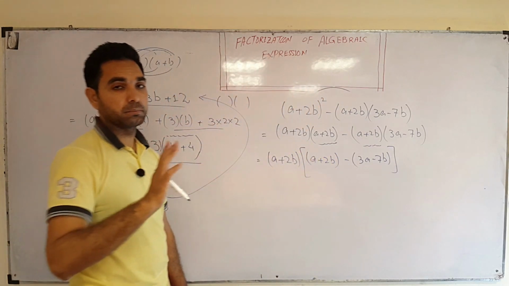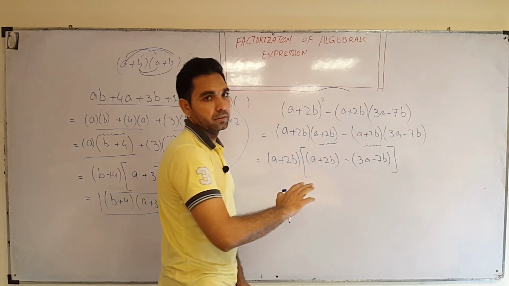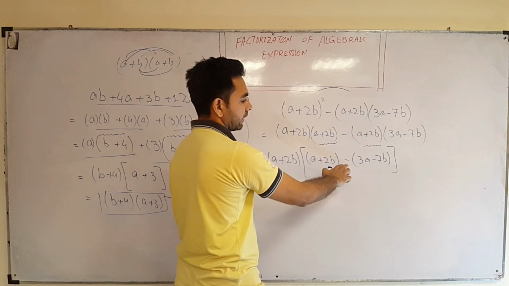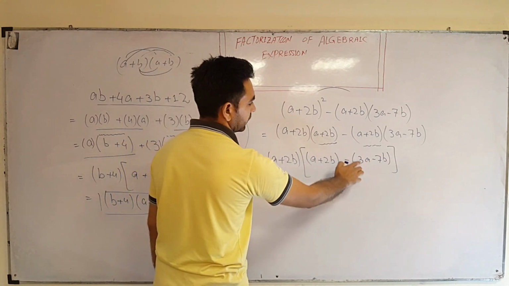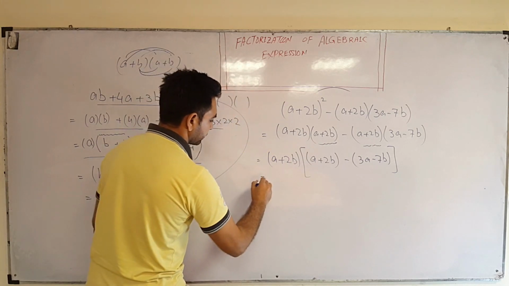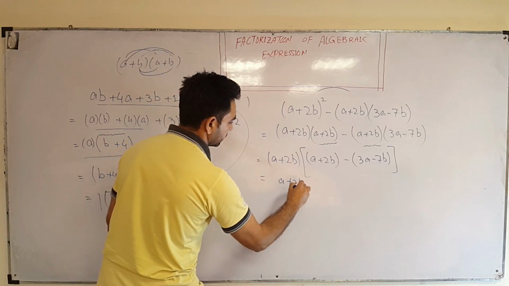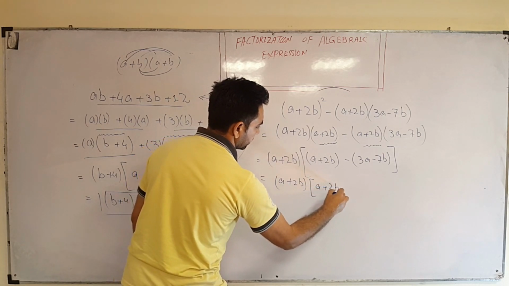Remember, when there is a negative involved, do not do it straight away, right? Write down the negative and follow the steps. Otherwise, you would have trouble with these signs. So a plus 2b, here a plus 2b.